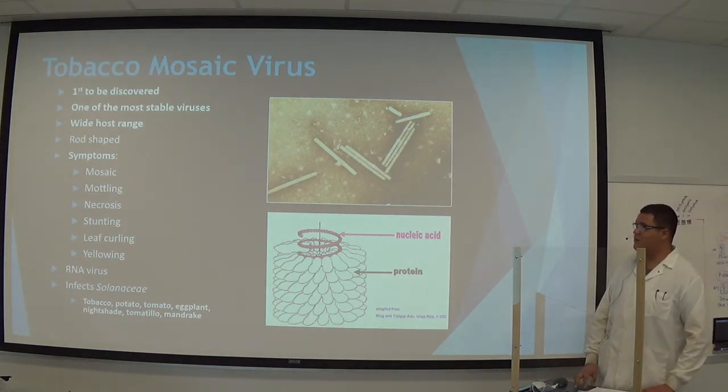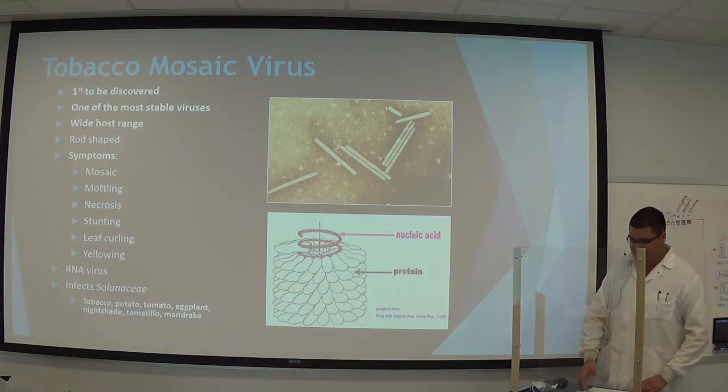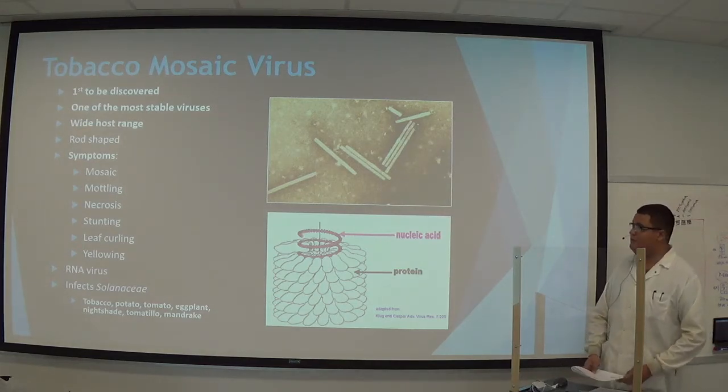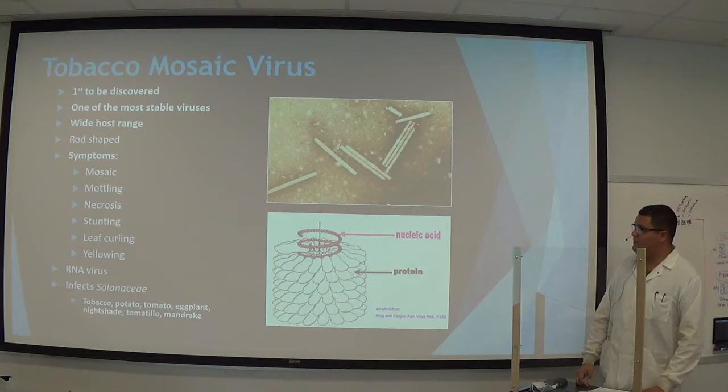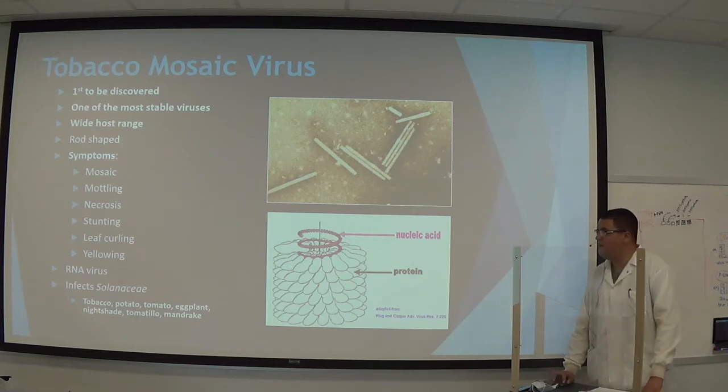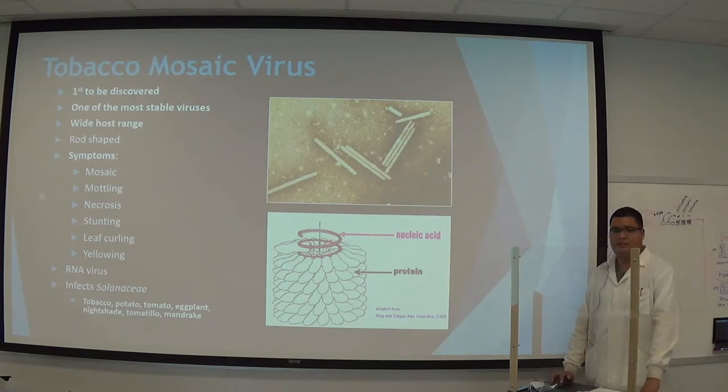It's got a wide host range, so again, it can infect plants that are not just tobacco. It's rod-shaped, as I mentioned, and the symptom that it elicits once it starts an infection is mosaic, as the name suggests. You can also get mottling. Mosaic and mottling are similar, but slightly different, and I'll show you what that means in a bit. You can also get necrosis.